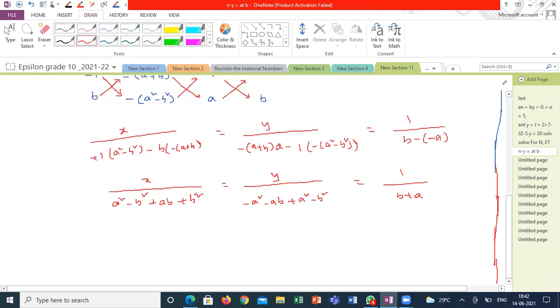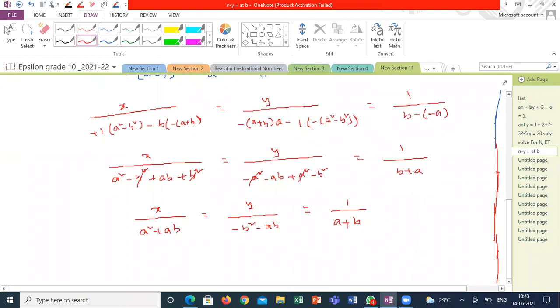So here my b square and b square is cancelled. Here my a square and a square is cancelled. So x divided by, I got a square plus ab. y divided by, I got minus b square minus ab. 1 divided by a plus b.